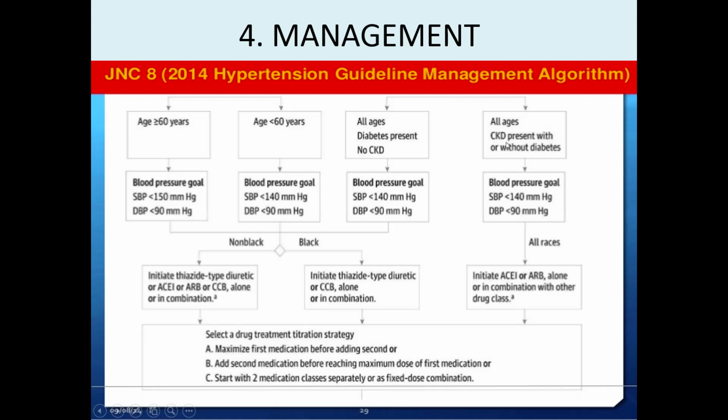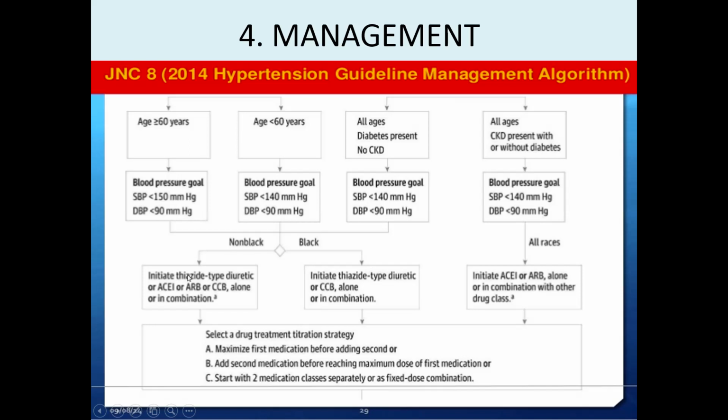So for CKD patients, irrespective of their race, you can start with ACE inhibitor alone or in combination with other drugs. And in other patients, if the patient is black, you are not supposed to start ACE inhibitor except if he or she is having chronic kidney disease.